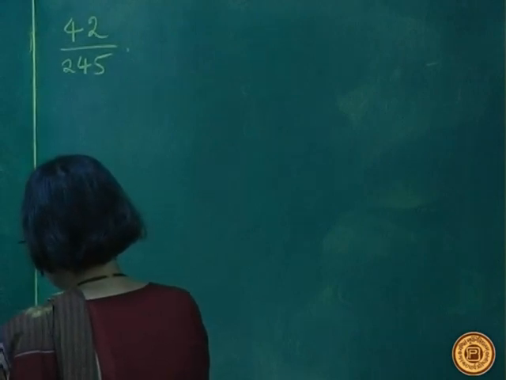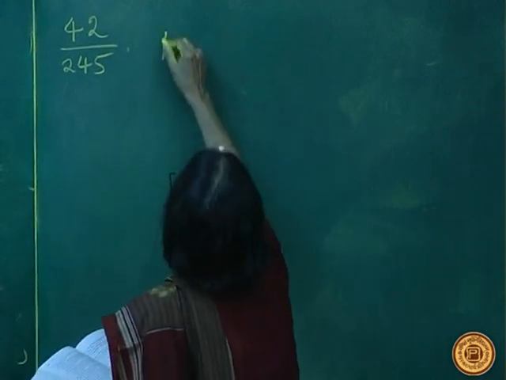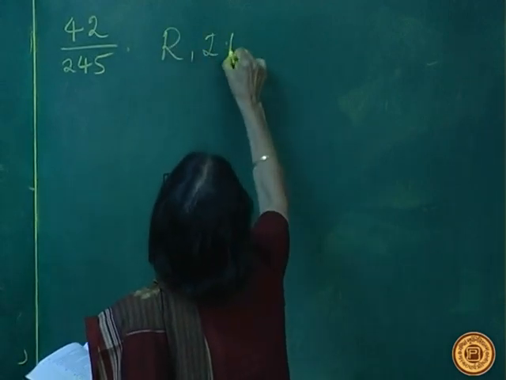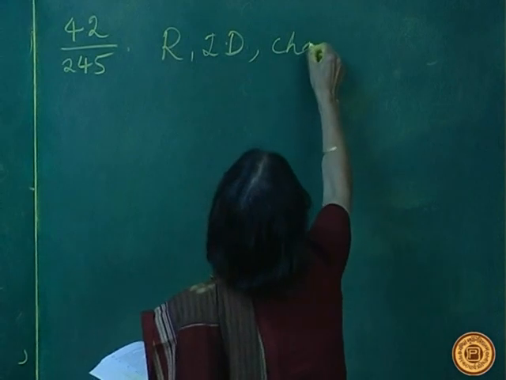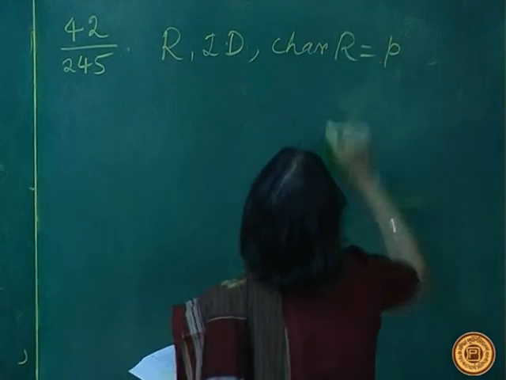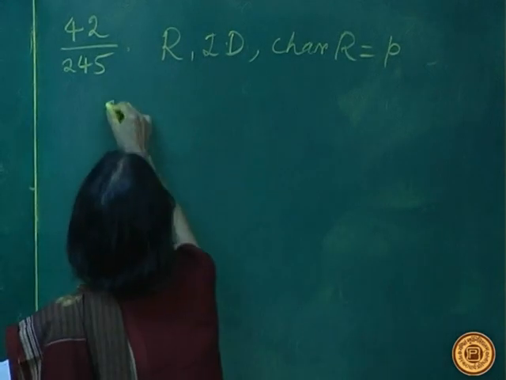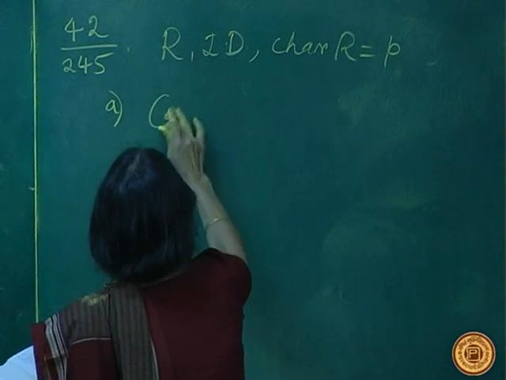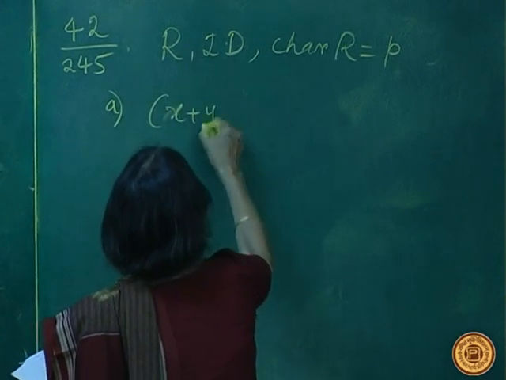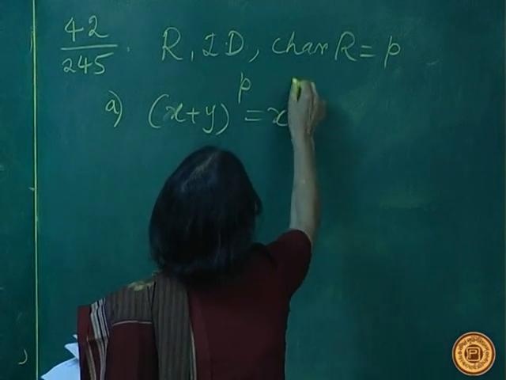Now we are in an integral domain of prime characteristic. R is an integral domain and characteristic of R is equal to p, a prime, it is not 0. Now these are very basic facts and you will be using them again and again if you study field theory.